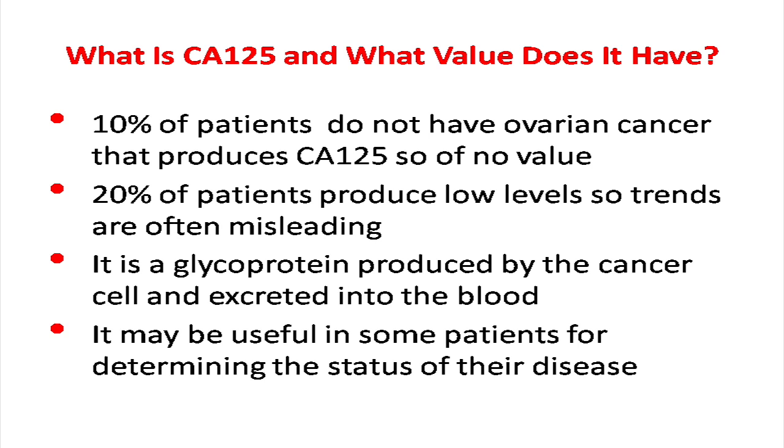The very clear answer to that is no. There is not a direct correlation between the absolute level of CA125 and the absolute number or size of recurrent ovarian cancer. Nevertheless, it may be useful in some patients for determining the status of their disease.